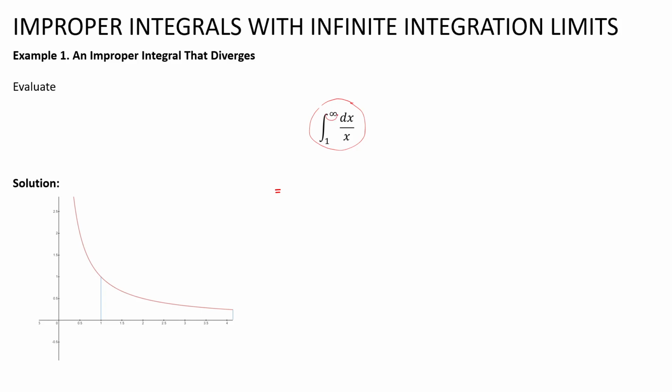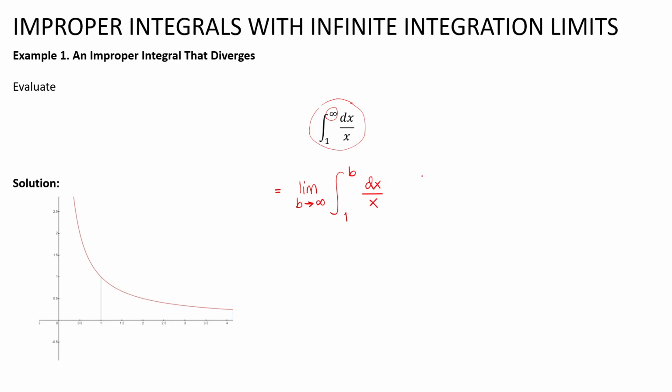Since this is the upper limit of your improper integral, applying the first property, the limit as b, the upper limit, approaches infinity, and then you're going to have 1 to b, dx all over x.